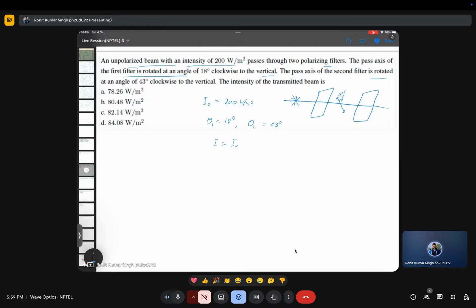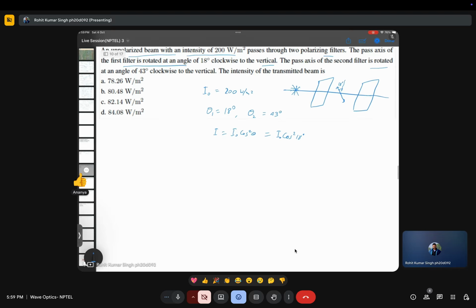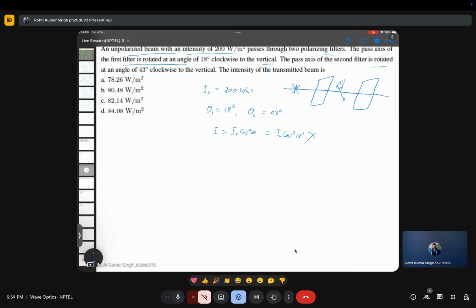So intensity is given by Malus's formula, cos square theta. So you're saying the intensity will be cos square 18 degree, right? That's wrong. This Malus's law is valid for polarized light, okay? It's not valid for an unpolarized light. This is not correct.